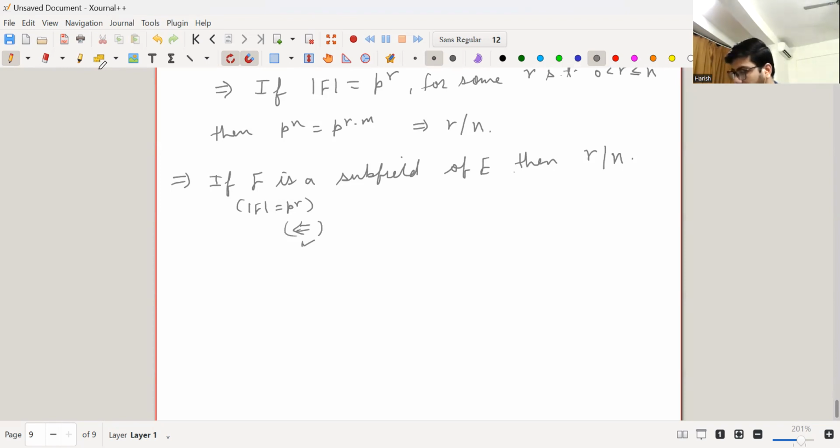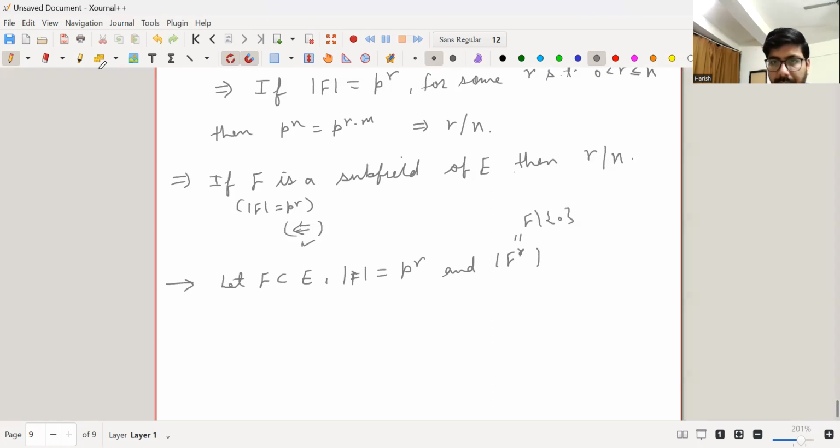Now there is one straightforward observation: let F be contained inside E, and the order of F be, say, p raised to r. Then the order of F star, which is nothing but F minus 0, is going to be p raised to r minus 1.